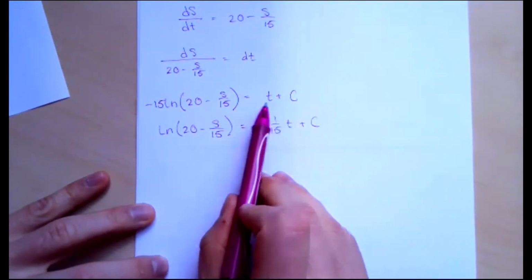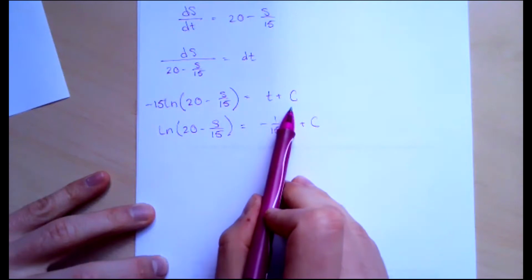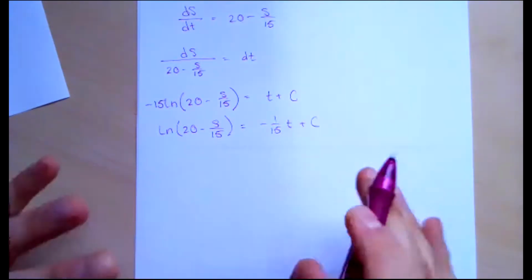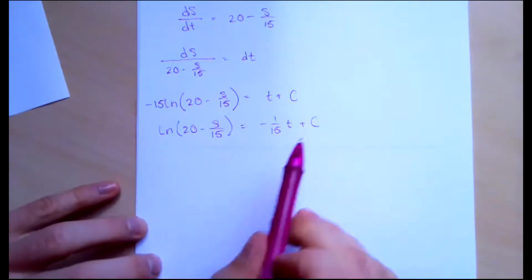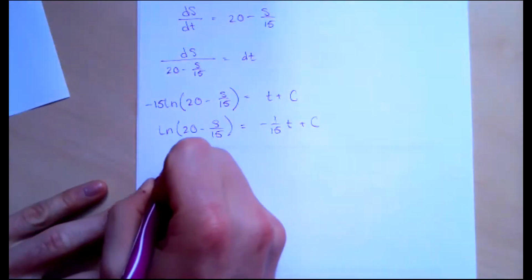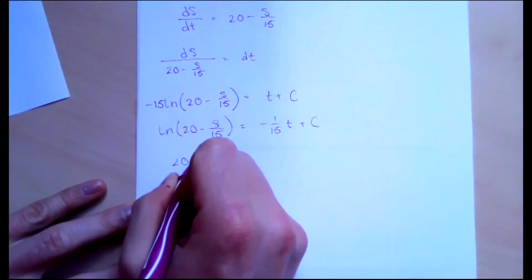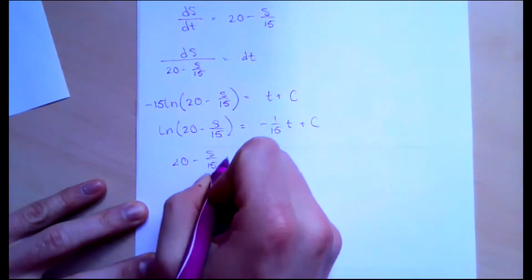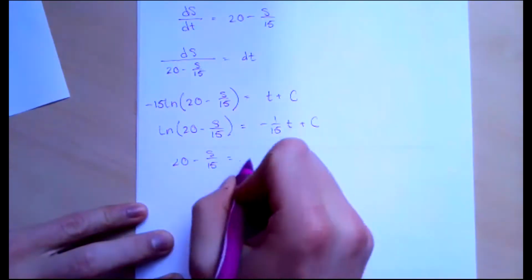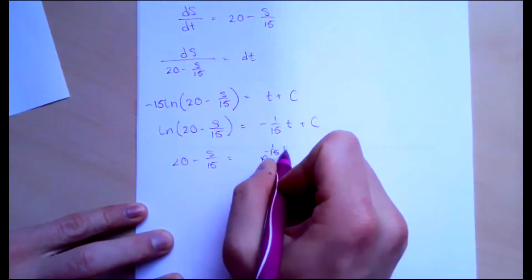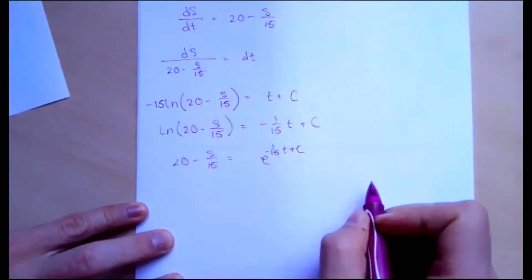I need to divide each of those numbers by negative 15. But a constant divided by negative 15 is still just a constant. Different constant, but still an arbitrary letter we can use. We exponentiate both sides, so we will have e to the negative 1/15 t plus c.